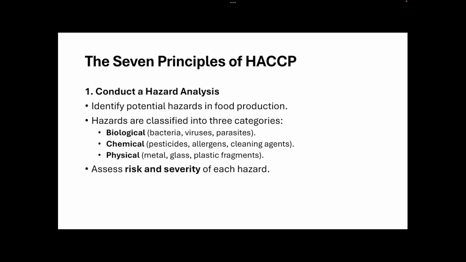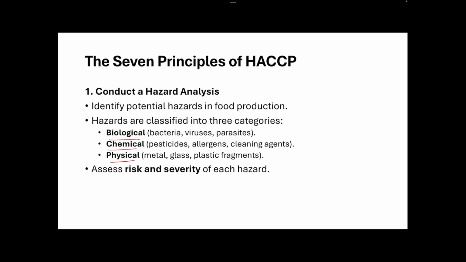So what are the 7 principles of HACCP? The first principle is conduct a hazard analysis. Identify potential hazards in the food production process. What are the hazards? A hazard is something that has a potential to cause harm. So there could be biological hazards, chemical or physical hazards.